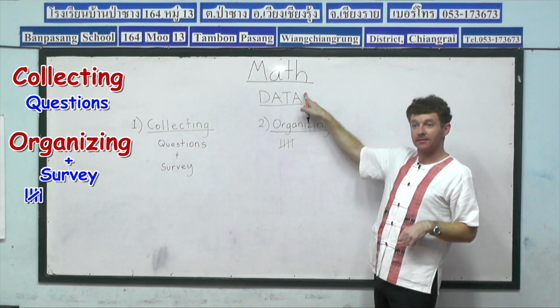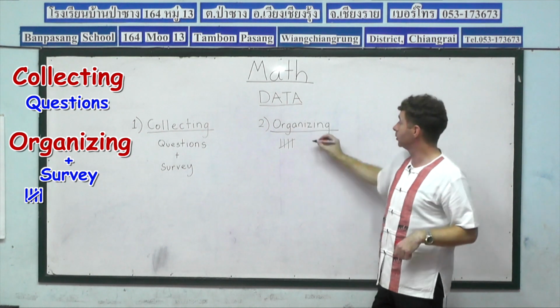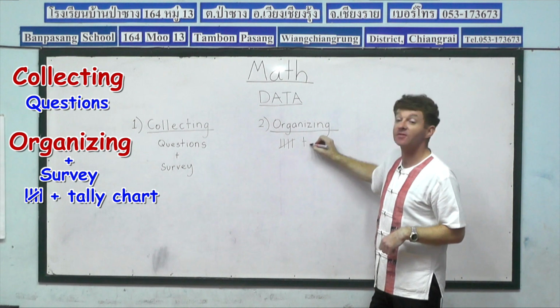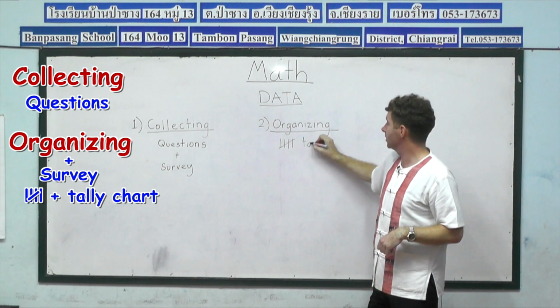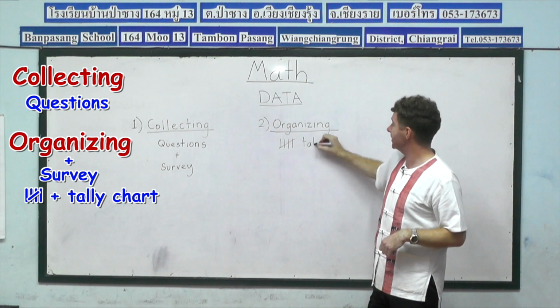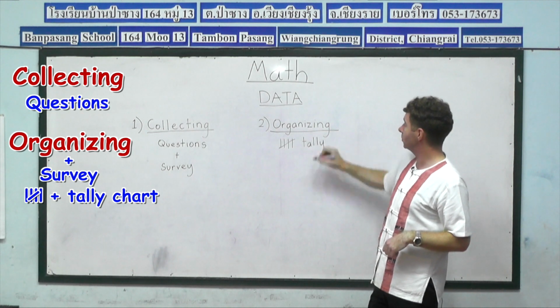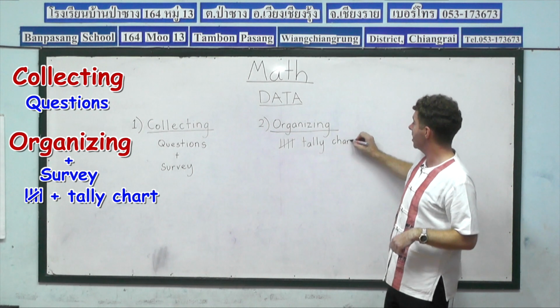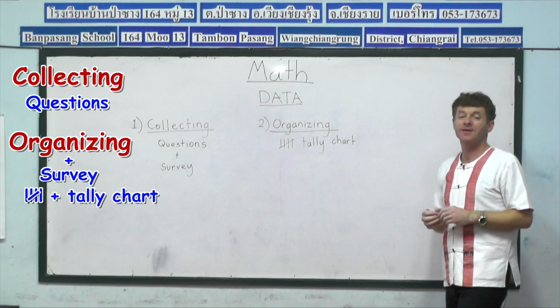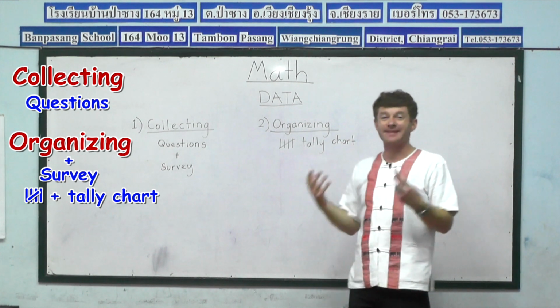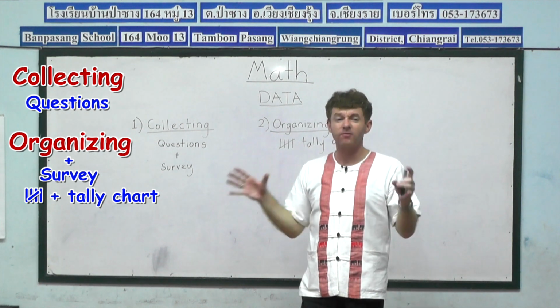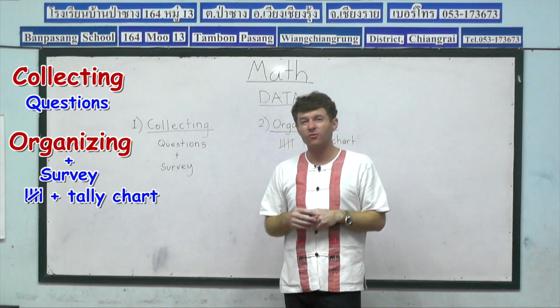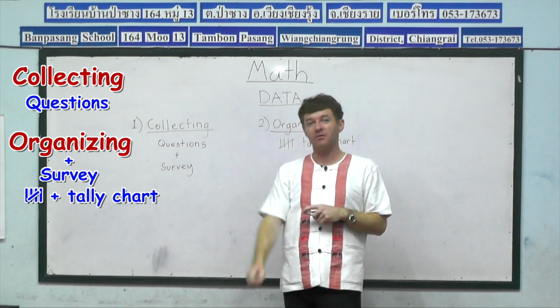Organizing data using tally chart. T-A-L-L-Y. C-H-A-R-T. Yes, because when we deal with data, sometimes there are lots of facts and figures, and it's too hard to keep writing numbers all the time.